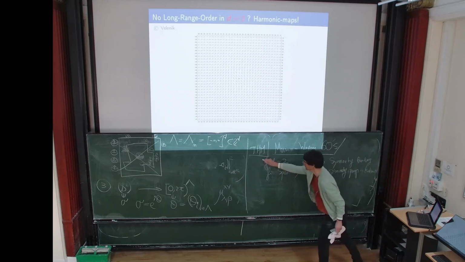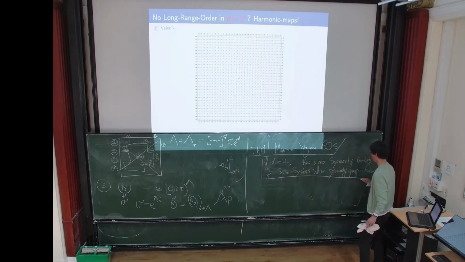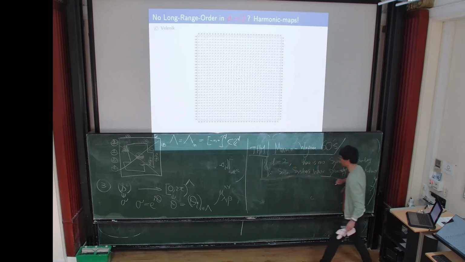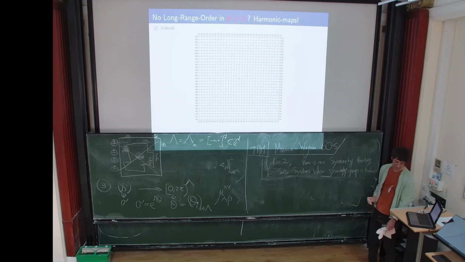So at least for the spin O(n) model, when n is equal to 2 or higher. And after the break, I will just give you the main ideas behind this proof.